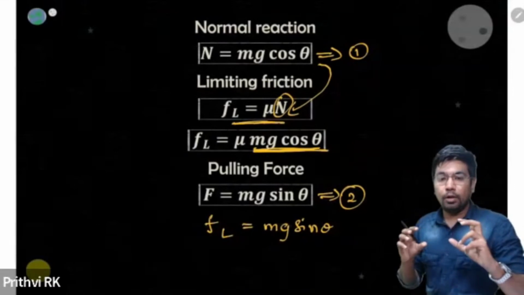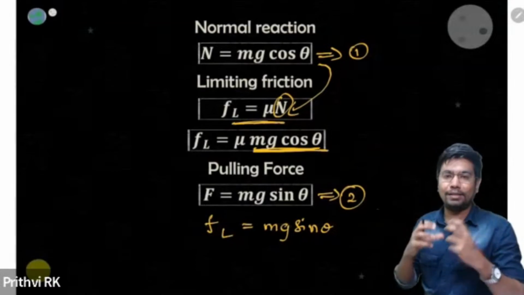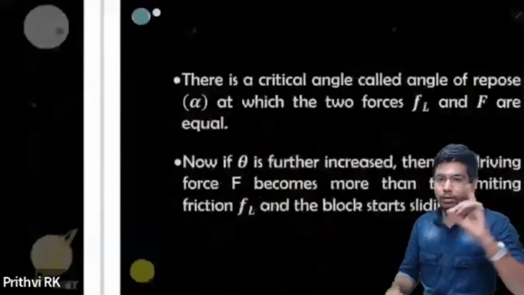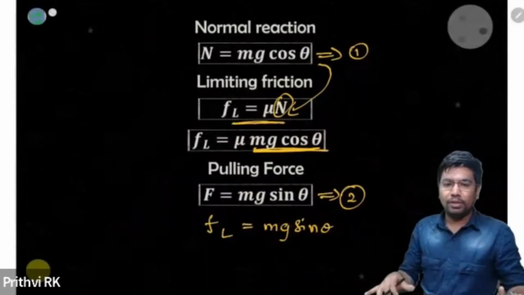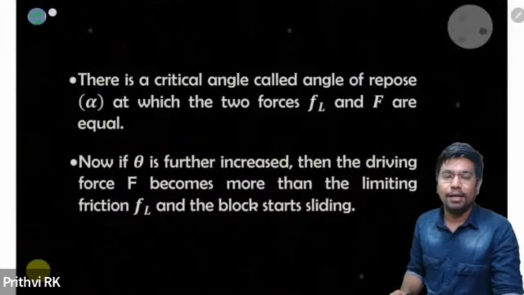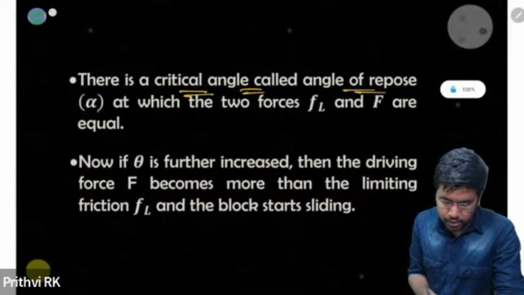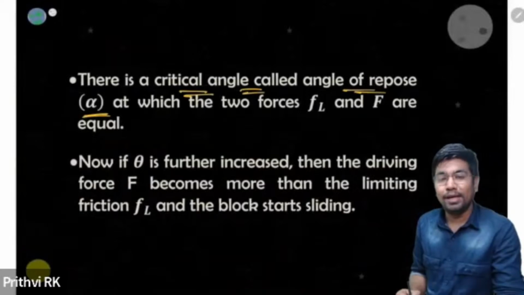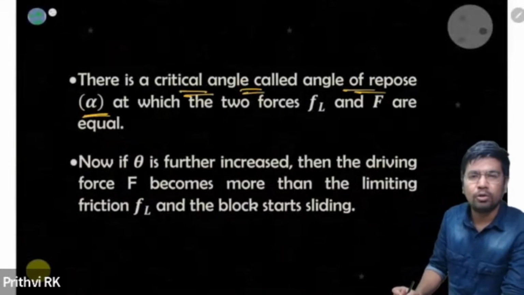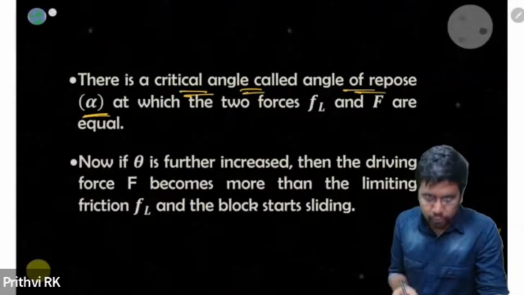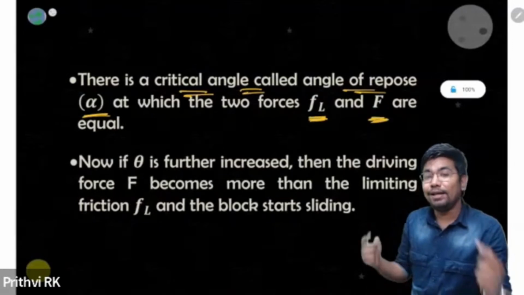So what we are going to do now is compare these equations and equate them. You just remember it, I will tell you when I am comparing them. There is a critical angle called the angle of repose, which is denoted by alpha, at which the two forces, FL and F, are equal.